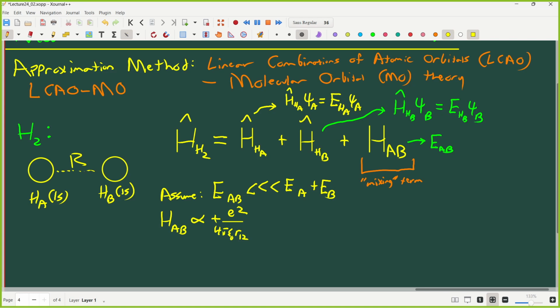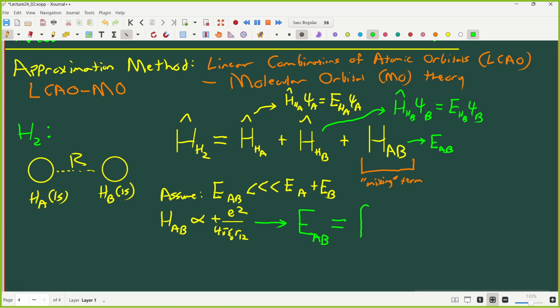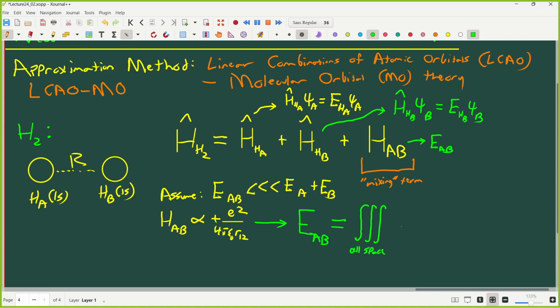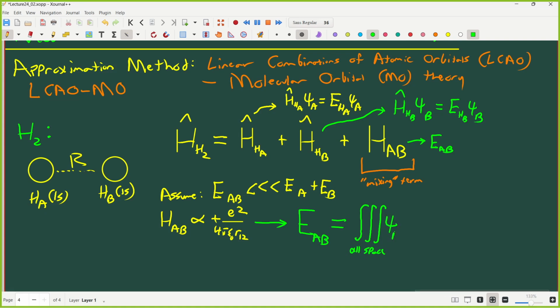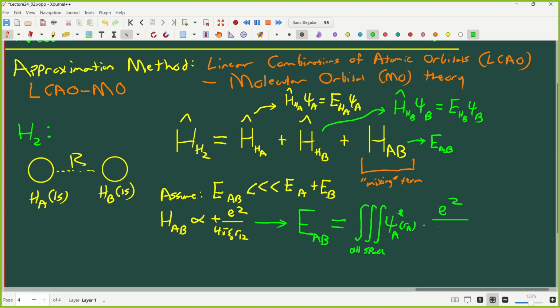So EAB is going to be the triple integral over the sphere of the wave function for atom A, which is a function of the electron with position r sub A, times our operator.